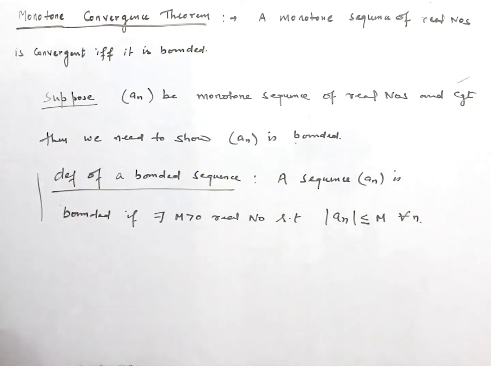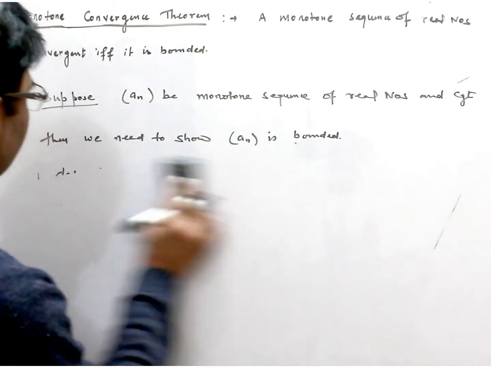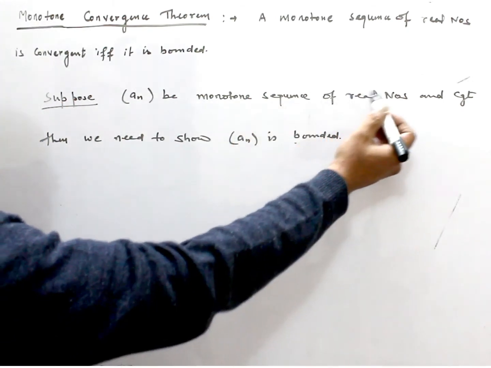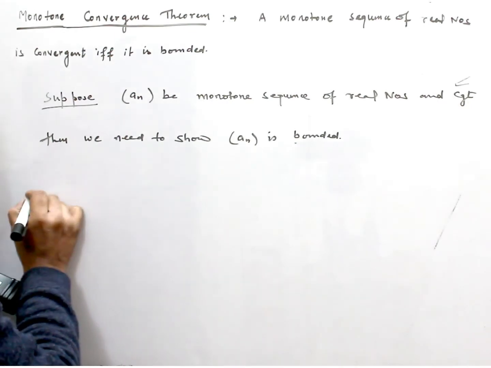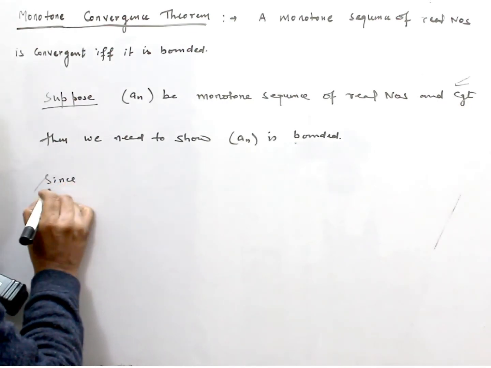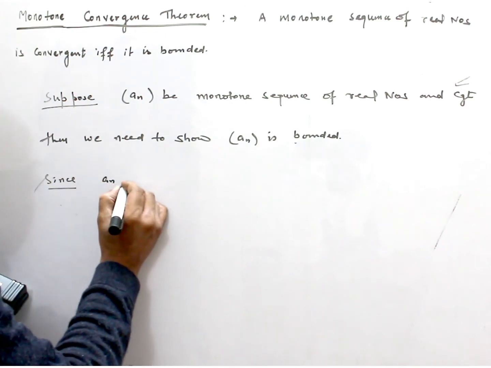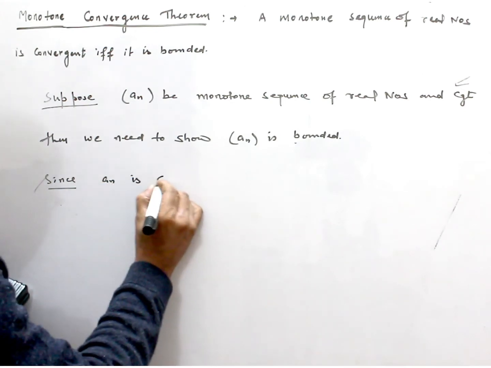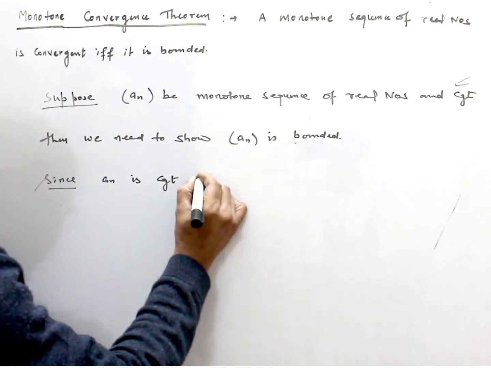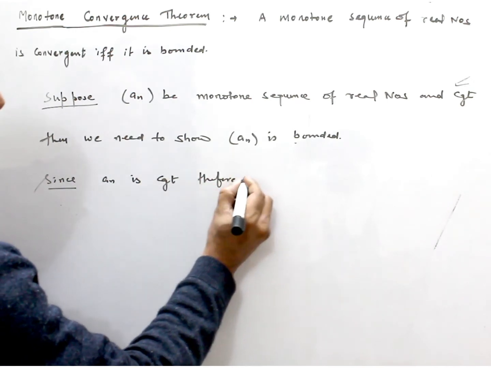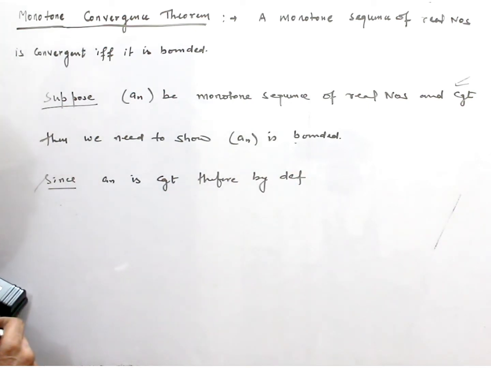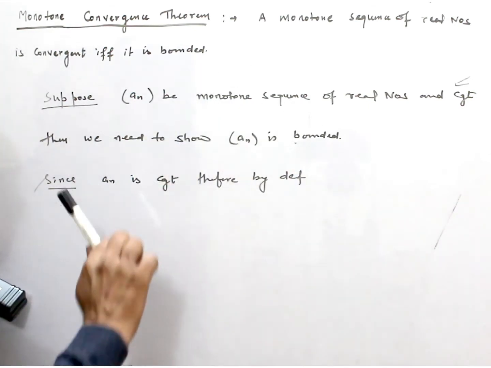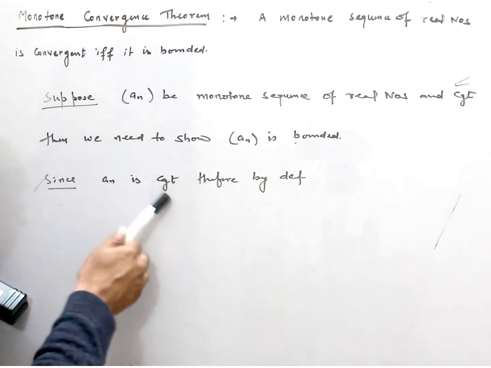So the given part: this sequence is convergent. Since An is convergent, therefore, whether monotone increasing or decreasing, it is given that it is convergent.